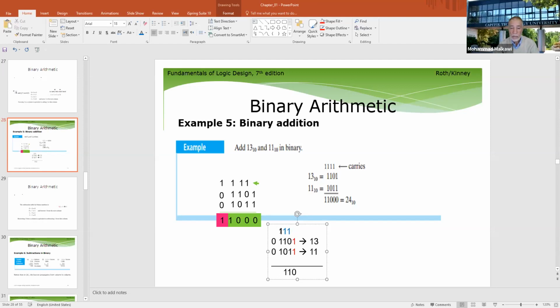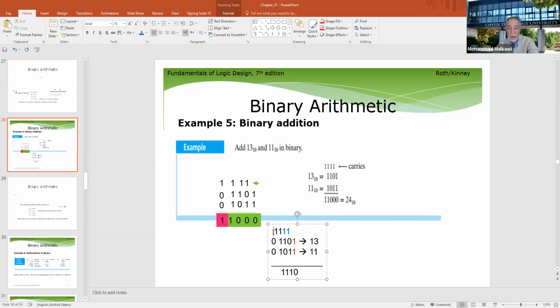And lastly, now here there is something new, which is 1 plus 1 plus 1. So again, in decimal, it's the 3, and in binary it's 1 1. So I will add a 1 here and have a carry right here.